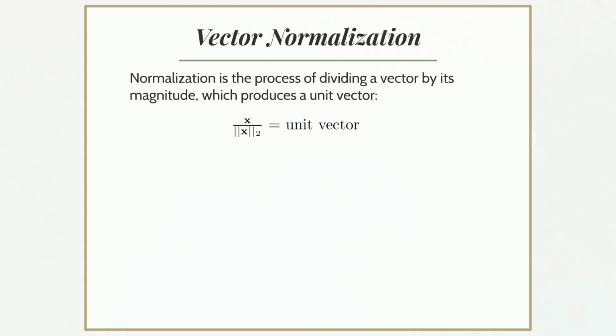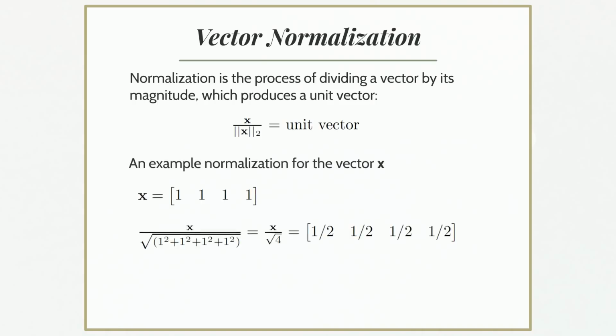So let's dive a little bit deeper into an actual example. If we have the vector here, x is a length 4 vector with just all ones. Down below in this step, you see we have the fraction. We have that vector x divided by its L2 norm. So we have L2 here filling in the 2 for the p in the equations we talked about previously. We're going to have 1 squared.